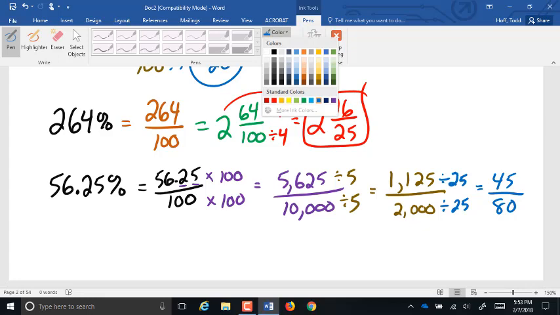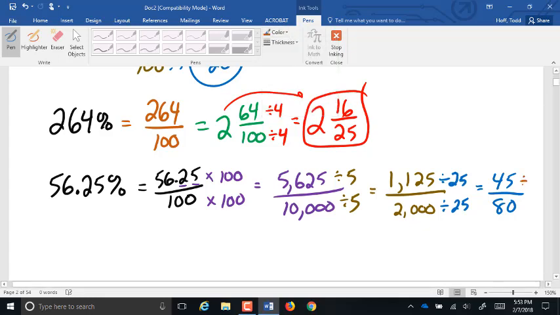They can both still be divided by 5. 45 divided by 5 is 9. 80 divided by 5 is 16. Comes out to be 9/16. From the very beginning here, we could have divided by 625 if you wanted to. If we divided by 625, 5,625 divided by 625 is 9. And 10,000 divided by 625 is 16.